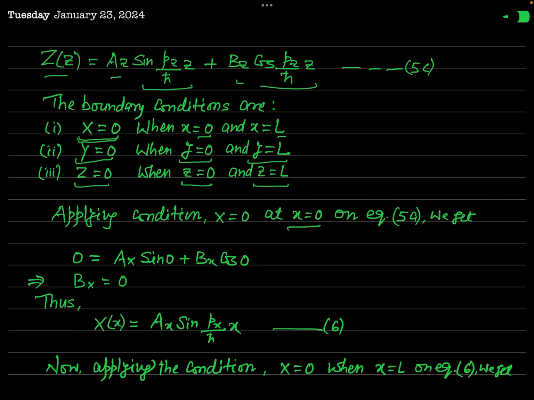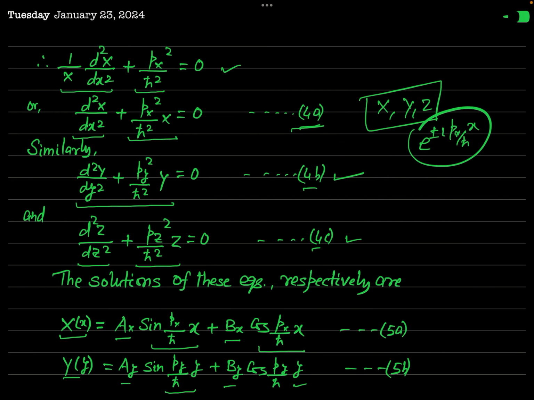When small x is 0, then this capital X is 0. We apply this boundary condition on this equation 5a. What you will do? In the RHS, we will put small x equal to 0 in both terms, and the boundary condition says when small x is 0, this capital X is 0.